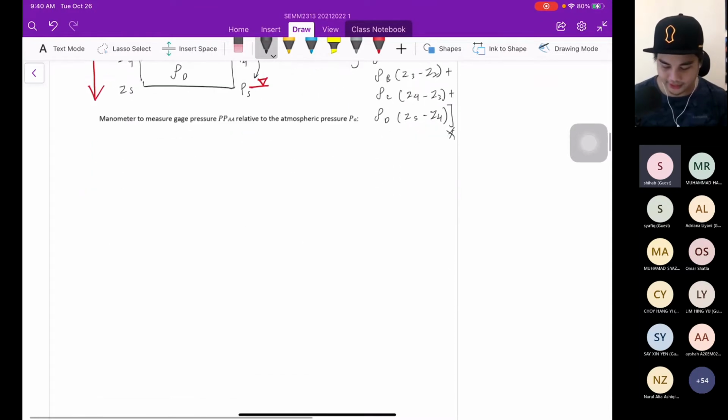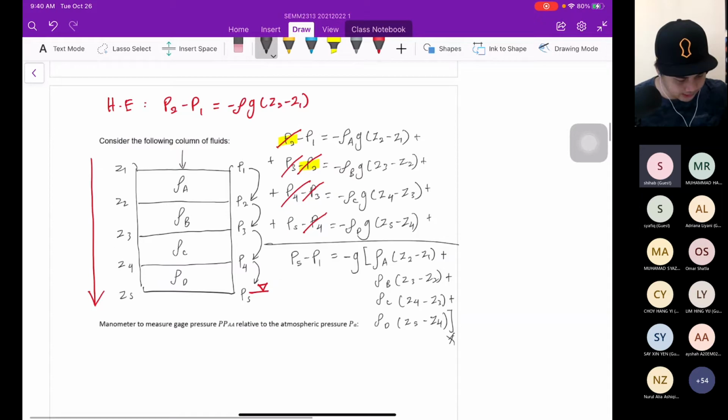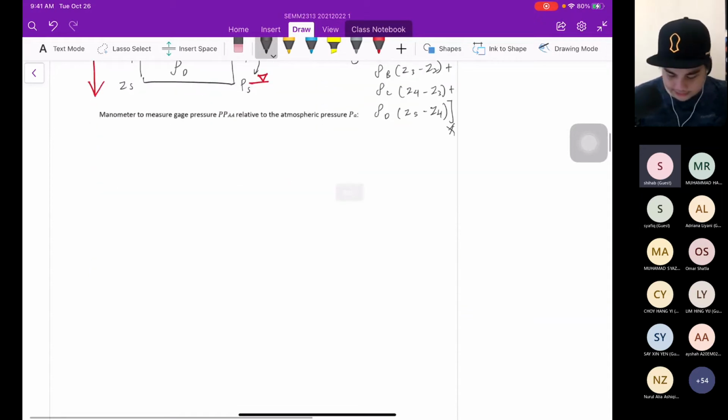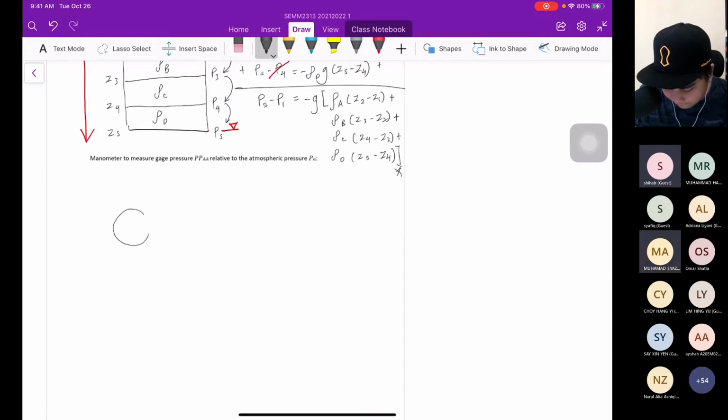Okay, good. This is just theory. Let's apply it for the case of manometer. Let's say we have the real manometer here. Let me draw for you. Let's say this is the manometer. This is at point A. Let's draw nicely here.